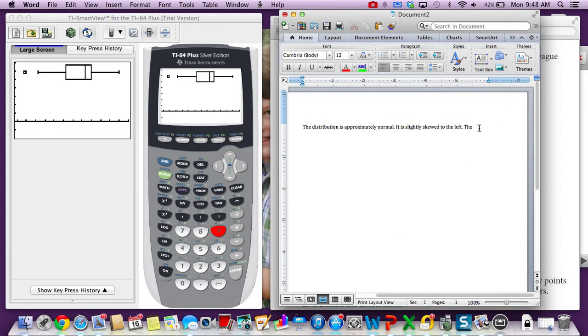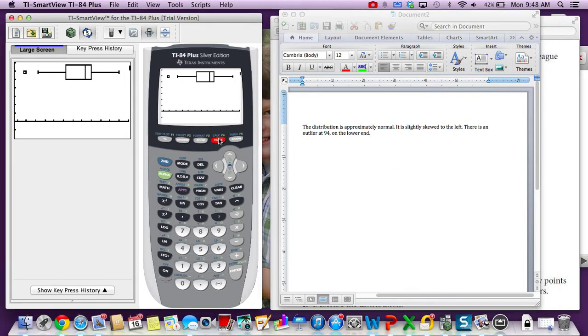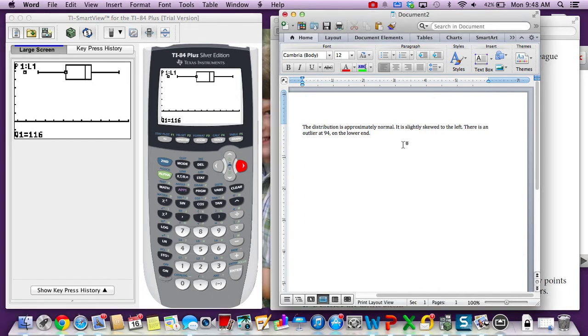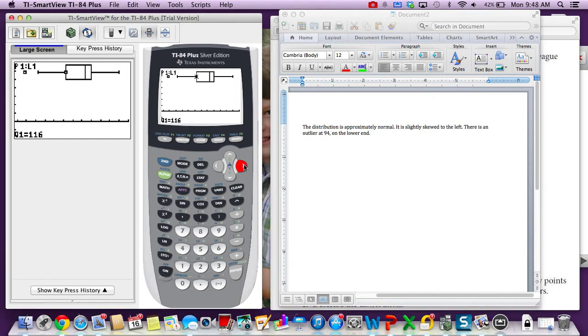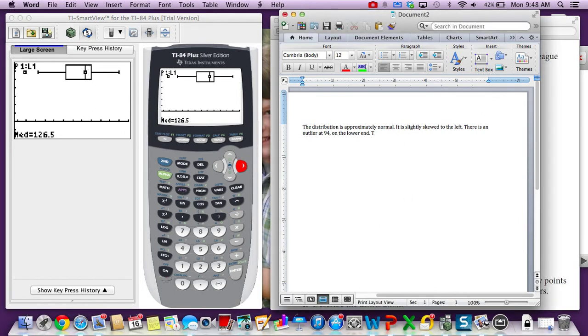Okay, so there is an outlier at 94 on the lower end. And remember we can do trace, and then it'll show us, we already know our outlier is 94. Looking here, notice that our median is actually on the upper end. So the median is 126.5.